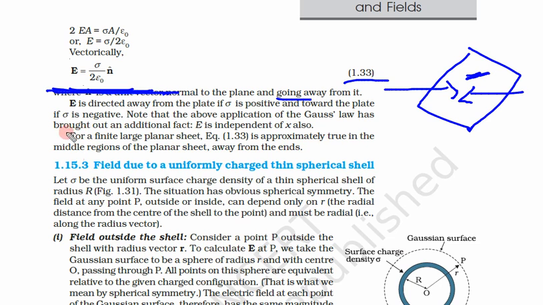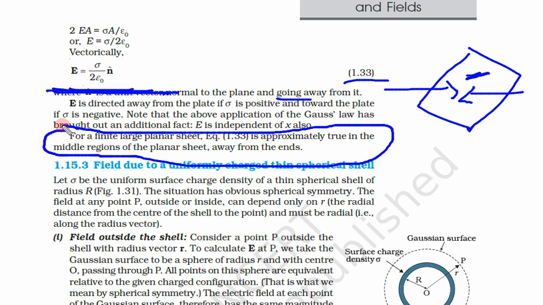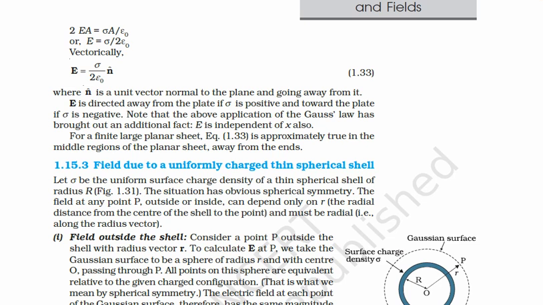What they are trying to say is that this approximation is only exactly true if the sheet is infinitely large, but in real life nothing is infinitely large. For a very big sheet, it is approximately true in the middle region, where the ends are very far. Here we can see that E is independent of X, so there is no effect of distance as well.